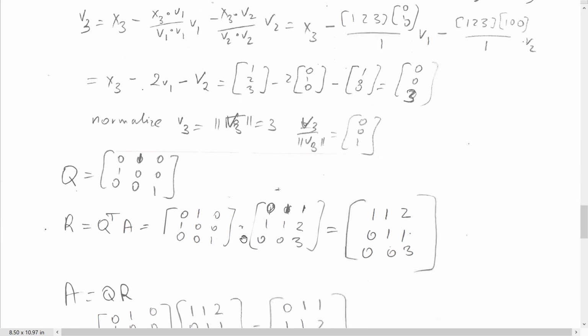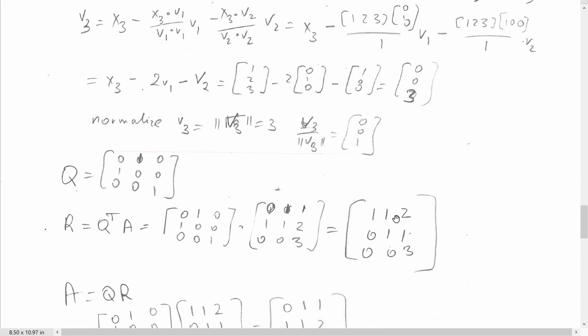And times matrix A, and then perform the calculation. So you would have row times column, which is 0 times 0 is 0, plus 1 times 1 is 1, plus 0. So this is the first entry. Then we would have row times column to get the second entry. We would have 0 plus 1 plus 0, that would be this entry.